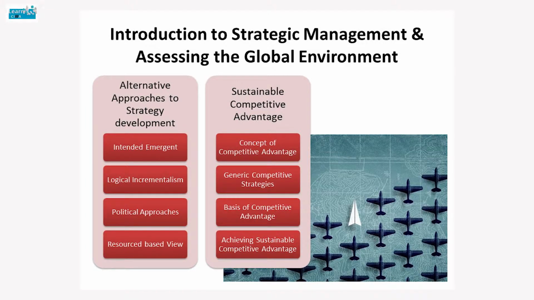We will also explore alternative ways to develop strategy, such as logical incrementalism or emergent approaches to strategy. We will also explore the topic of competitive advantage. How do you develop it? How do you sustain it? And how do you improve and take it forward?